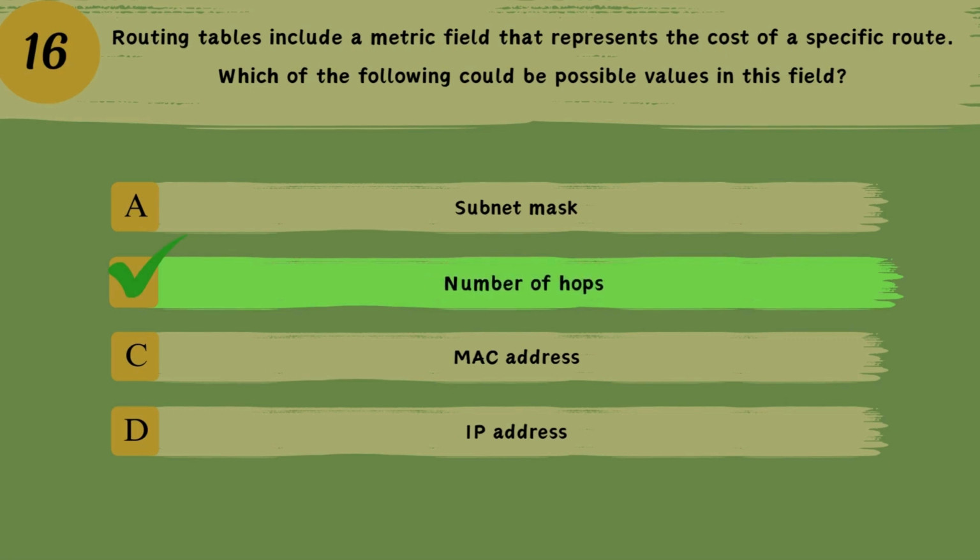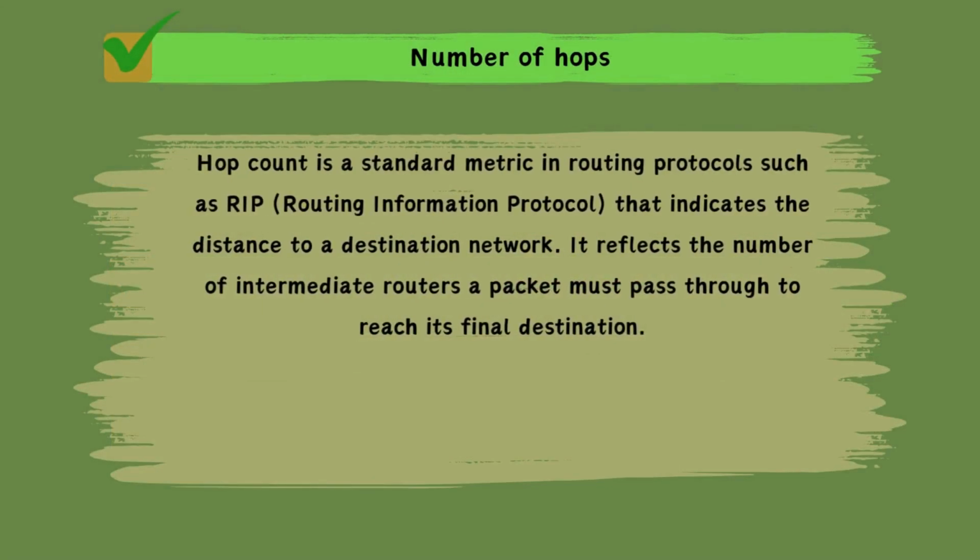Correct answer, B. Number of hops. Hop count is a standard metric in routing protocols such as RIP, Routing Information Protocol, that indicates the distance to a destination network. It reflects the number of intermediate routers a packet must pass through to reach its final destination.